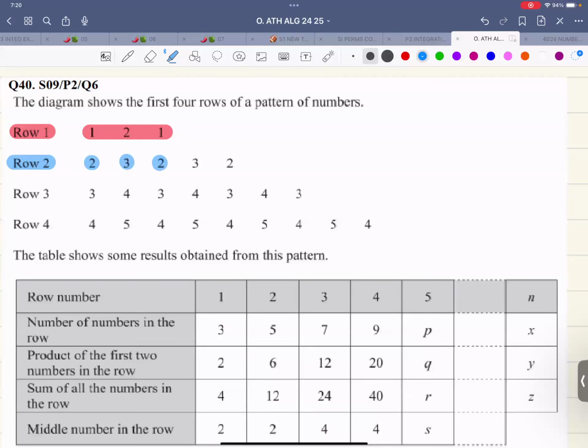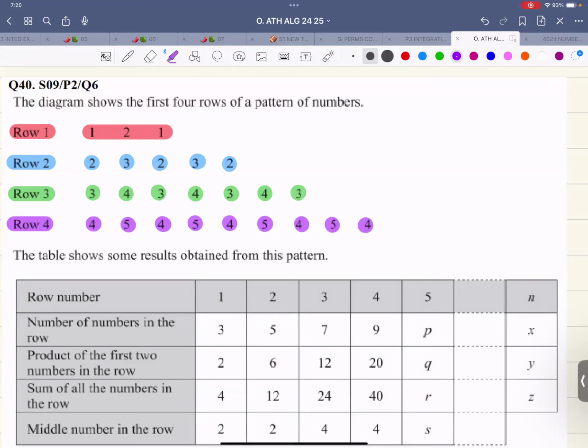It kind of alternates. Row number 3, that is 3, 4, 3, 4, 3, 4, 3. And of course, it will also alternate. The fourth row, that is 4, 5, 4, 5, 4, 5, 4, 5, 4.